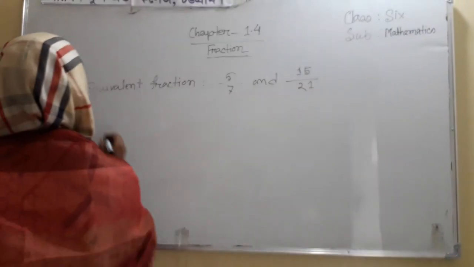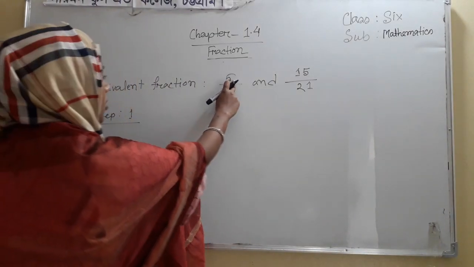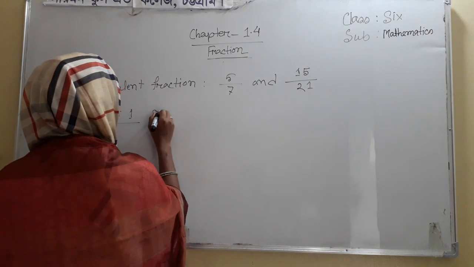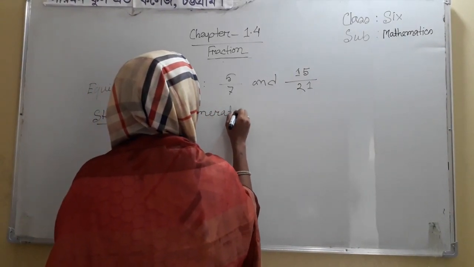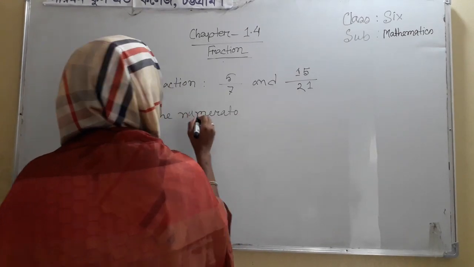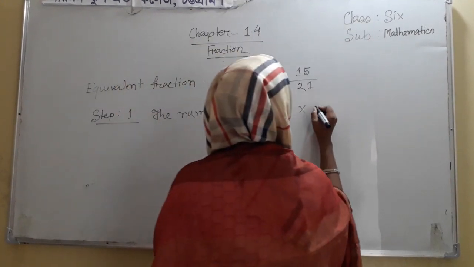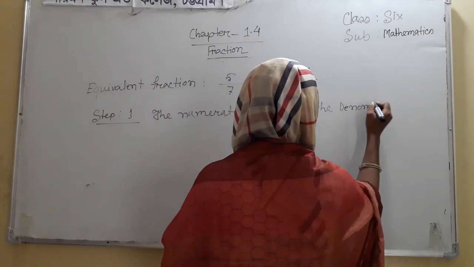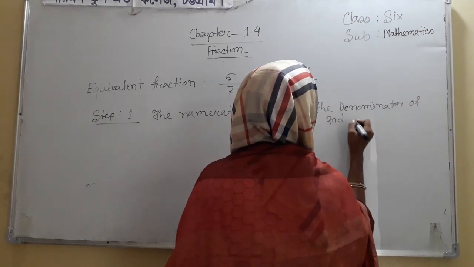To determine equivalent fraction, first step 1: we need to multiply the numerator of the first fraction by the denominator of the second fraction.